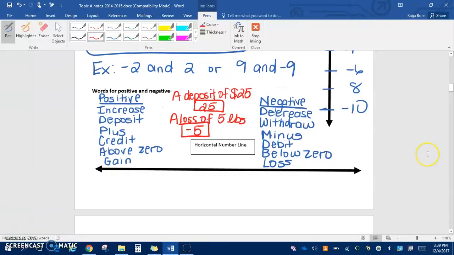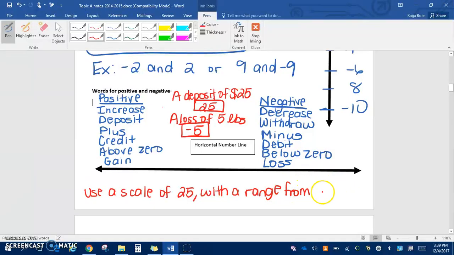The last thing that I want you to try on your own, at the bottom here on this number line, I want you to use a scale of 25 and then with a range from negative 125 to 100.